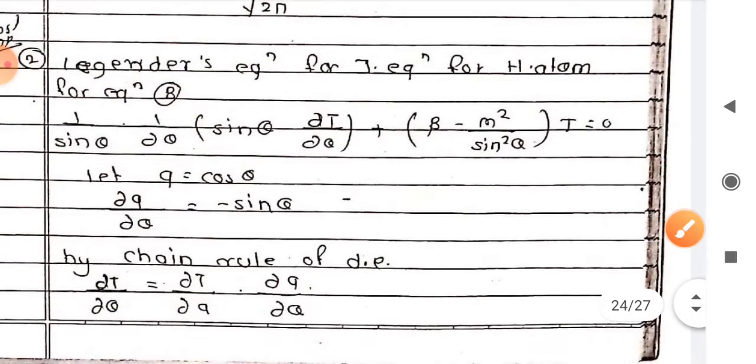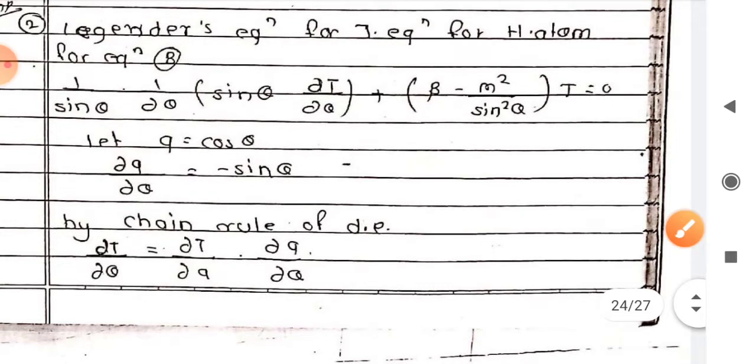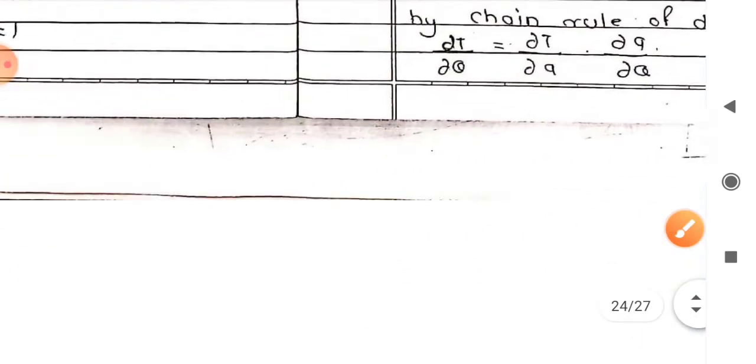Next is the t equation or the theta equation. The solution of this t equation can be obtained in the same manner: we assumed a new function q, which is equal to cos theta, and substituted using the chain rule.